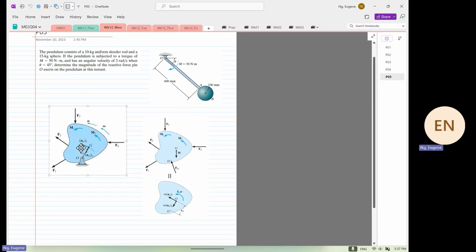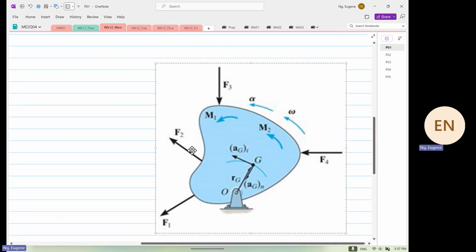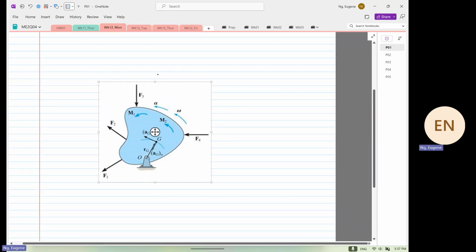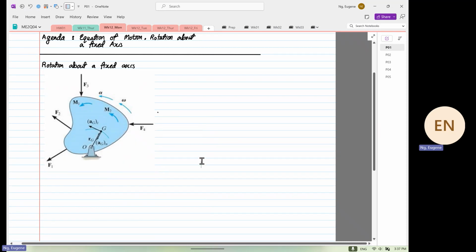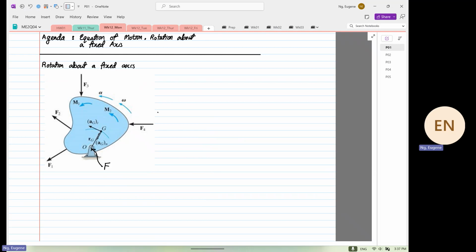This diagram, can you all access it on Avenue to Learn? Can you check, please? Thank you. If you look at this diagram, the rotation is about a fixed axis. This point O is the fixed axis.